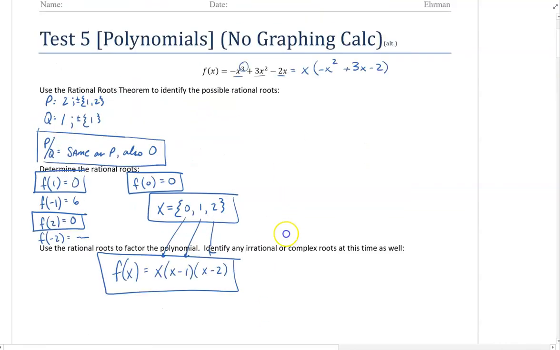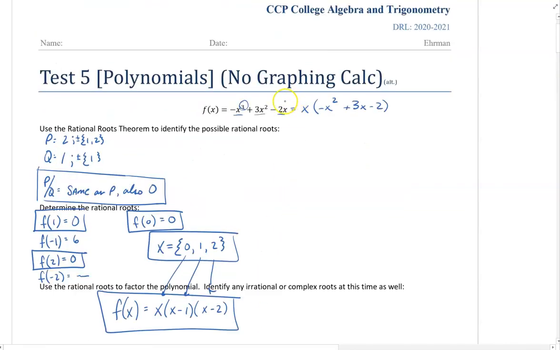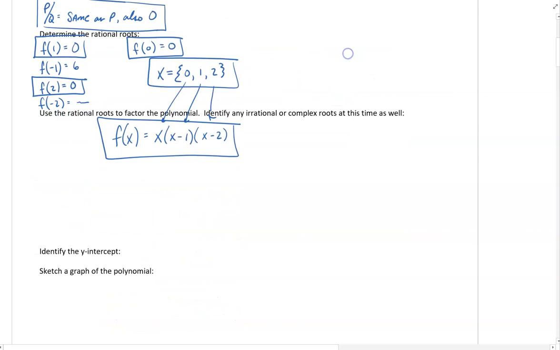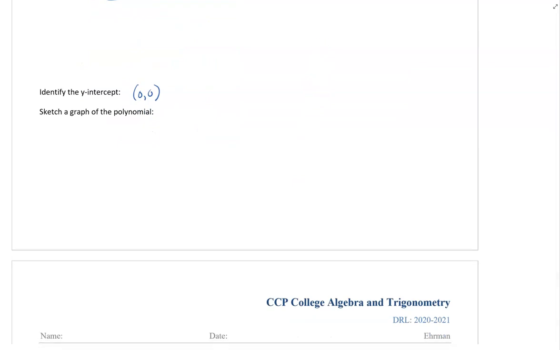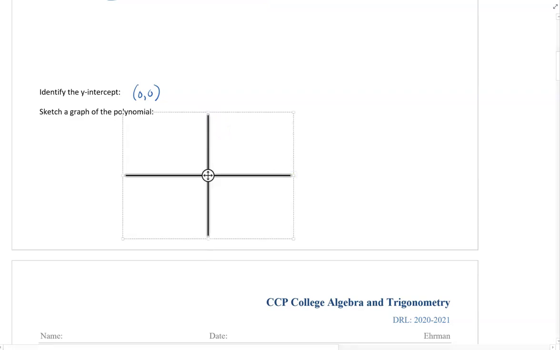The y-intercept comes from our non-factored result, so the constant that was at the end of the expression originally was 0, so we have a y-intercept at 0, 0, and now we can sketch a graph of the polynomial. I could cheat just a little bit since I'm using electronic ink, and there's my x-axis. We have an intercept on the y-axis here at 0, 0. That's also an x-intercept.